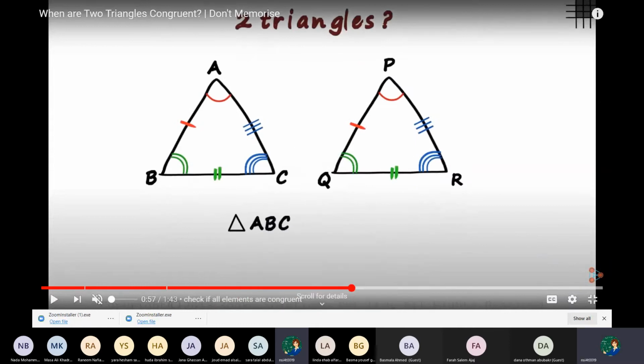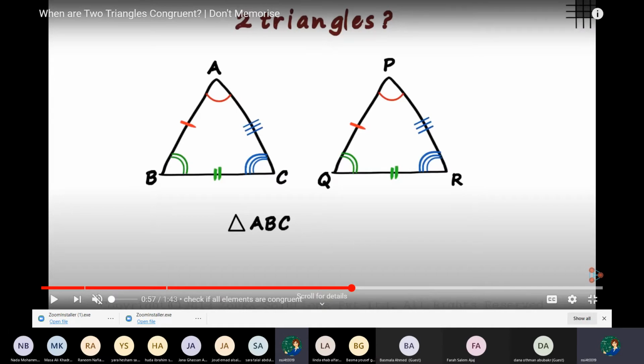So here we have two triangles. These two triangles have each side congruent with the other side, like AB and PQ, BC and QR, CA and RP.